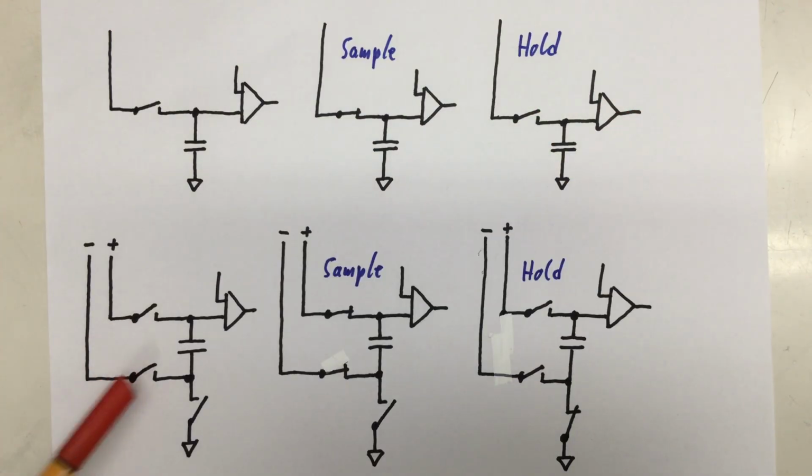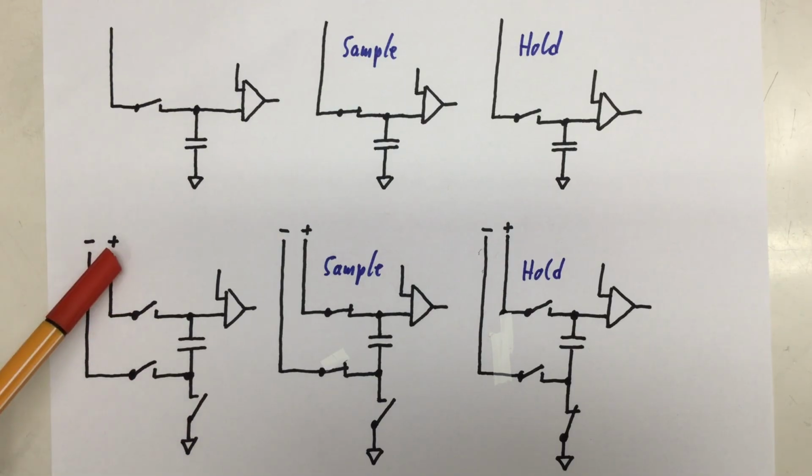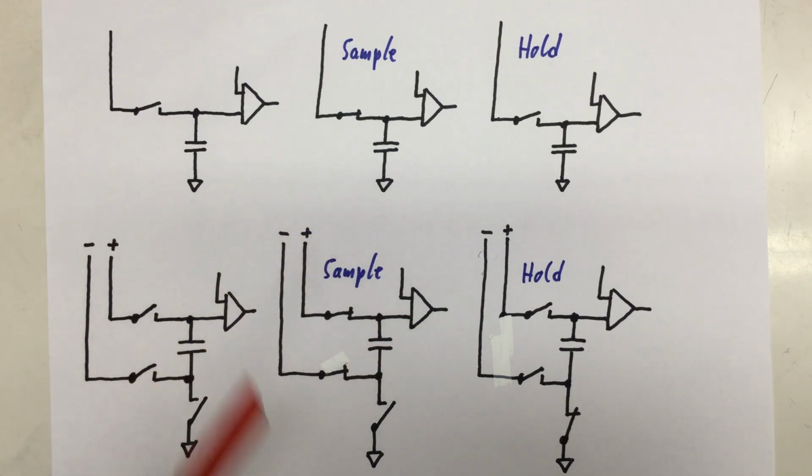Now for my theory. At its core, we have an additional switching element here, which we can use to decouple the capacitor from ground. Of course, we also have switching elements for the in plus and the in minus input. If we want to sample, the capacitor is decoupled from ground and the switches to the in plus and in minus inputs are closed, meaning the capacitor charges up to the differential voltage between in plus and in minus.